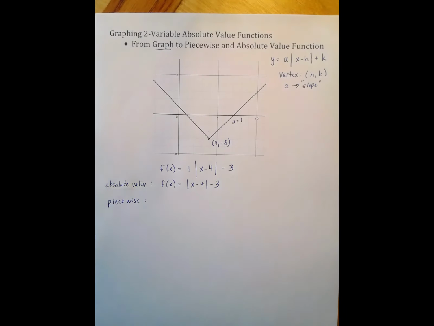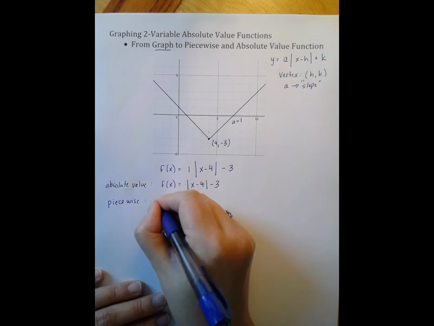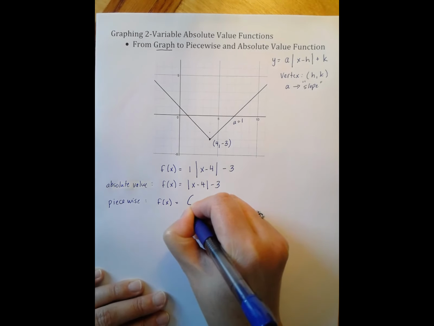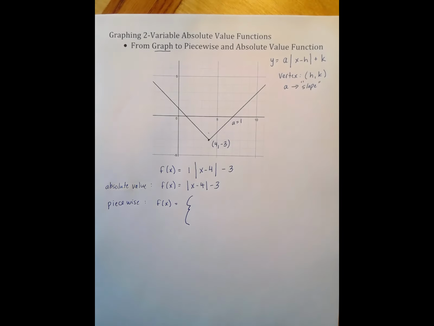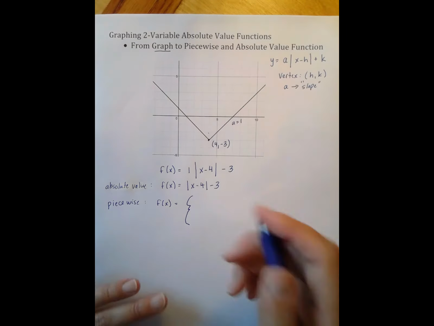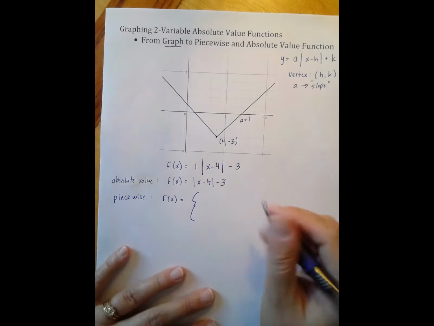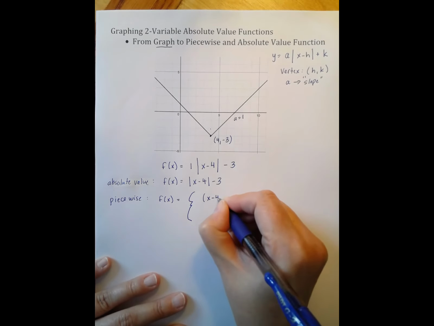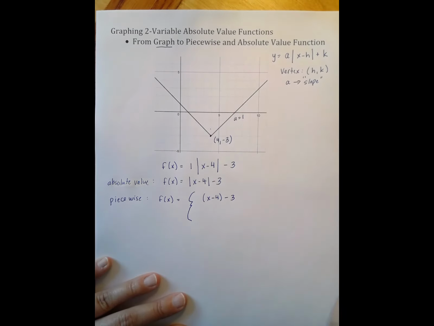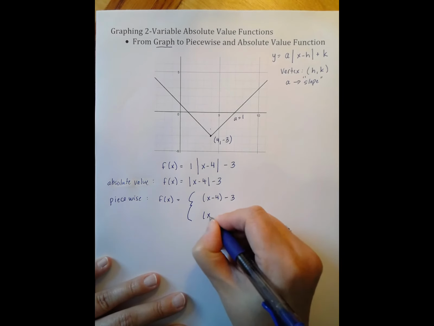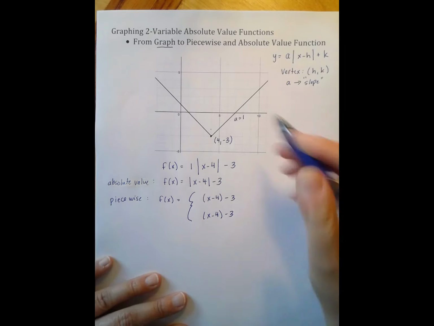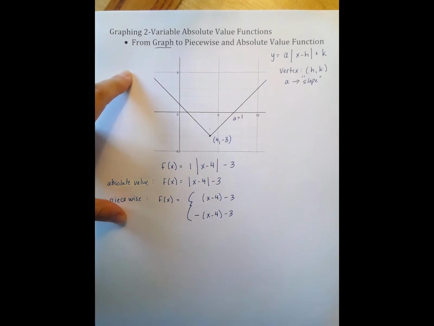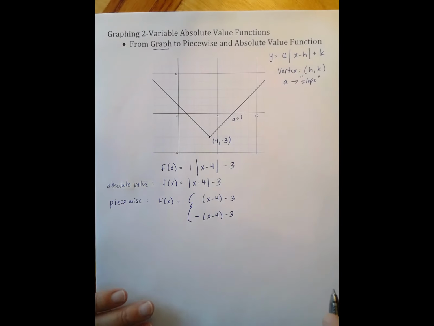Now for my piecewise, one thing that's nice about the piecewise here is that the vertex plays a very nice role. The vertex plays my point in my slope-point form. So again, my slope is 1 for this first half, and my point is x minus 4, minus 3. That's the same point for the left-hand side, but my slope on the left-hand side is negative 1. And now I have to write my subdomains.